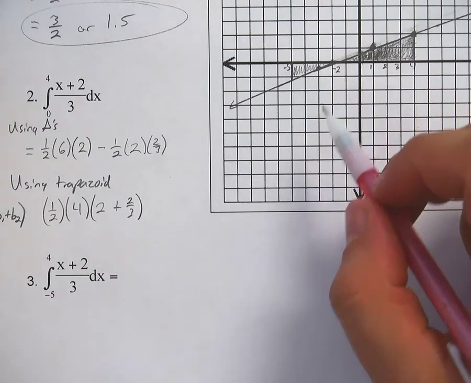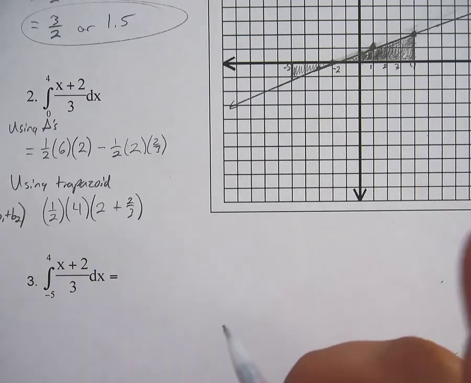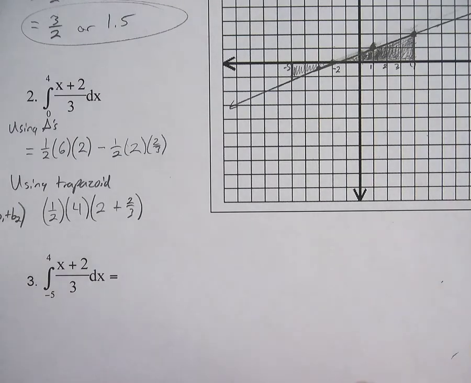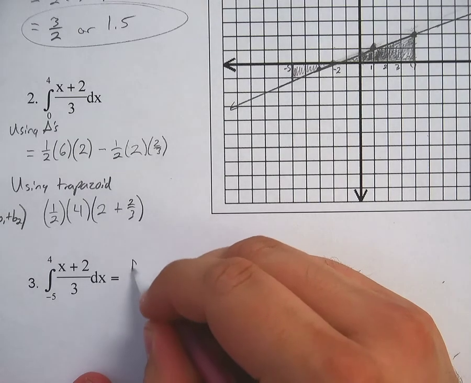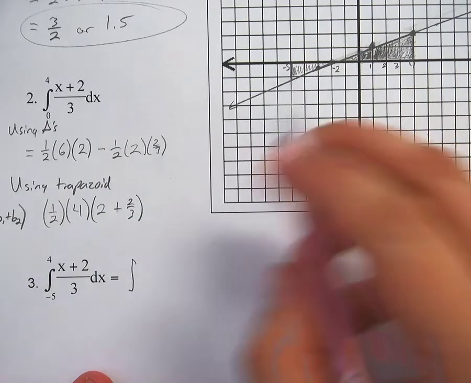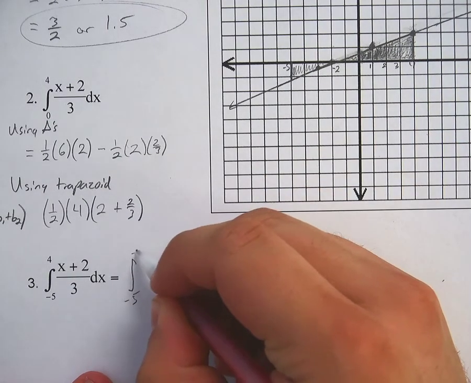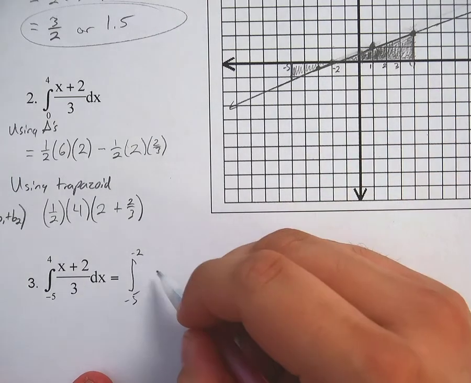So what I'm going to have to do is bust this into two pieces. All right, so first, I'm going to need to figure out the area between -5 and -2. So I'm going to need to bust this up, -5 to -2 of the equation.